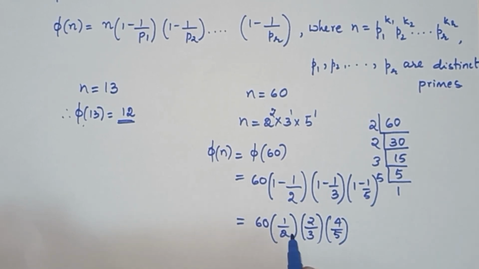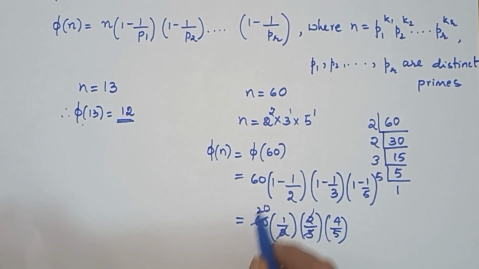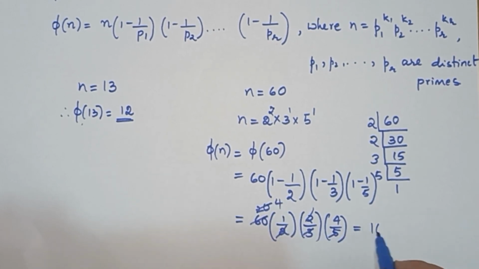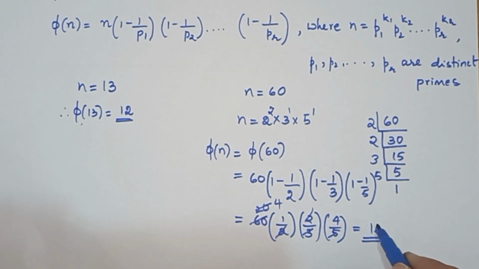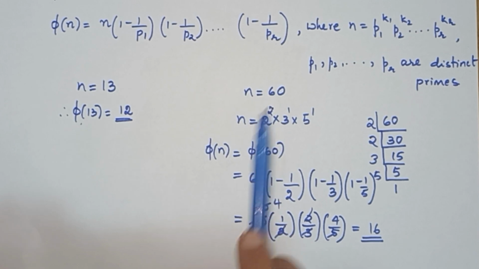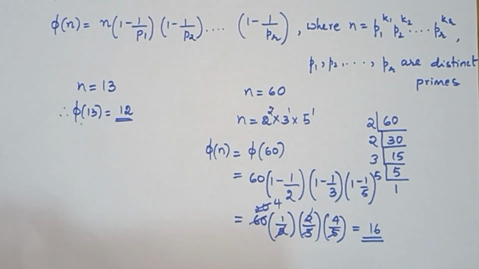Simplify this, and it cancels: 5 ones are 5, 5 fours are 20... so the result is 16. There are 16 positive integers less than or equal to 60 which are relatively prime to 60. This is how we find Euler's phi function for any positive integer n.